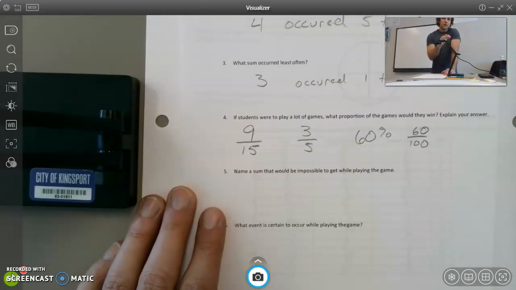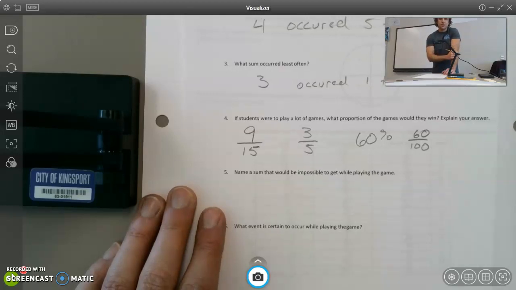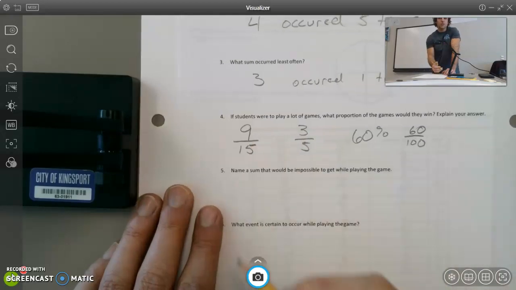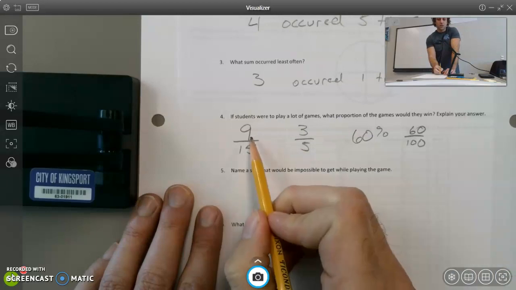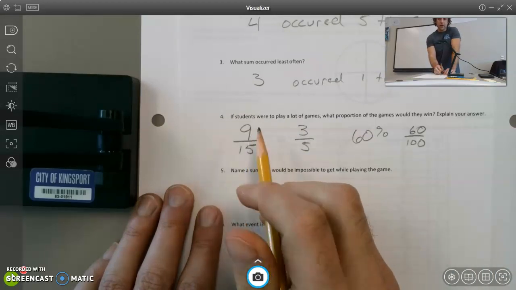Now, if you spun and you only won 5 times, then based on your experience, you would assume that people would only win 1/3 of the time. If you won 10 times, you would assume people would win 2/3 of the time. Your ratio will reflect your experience.